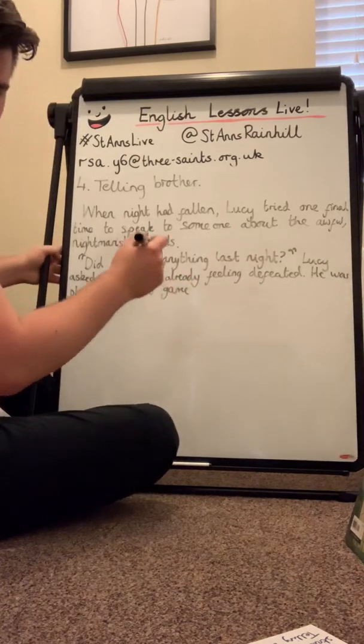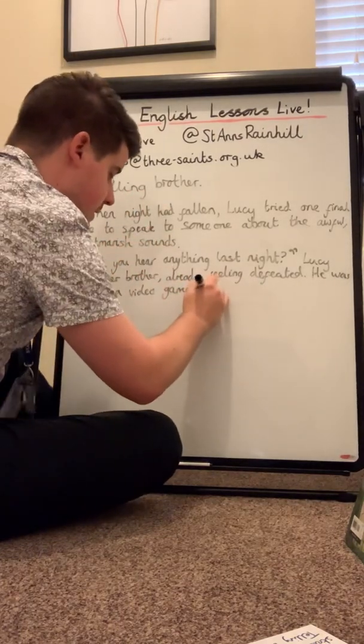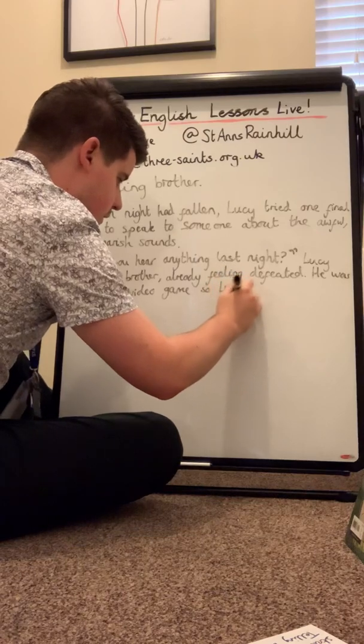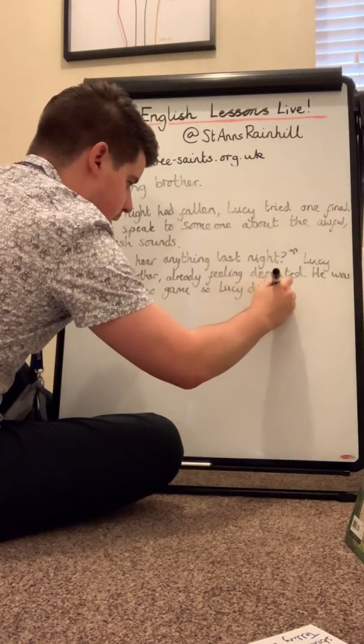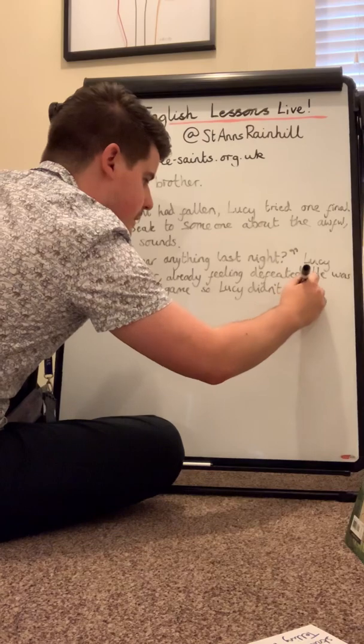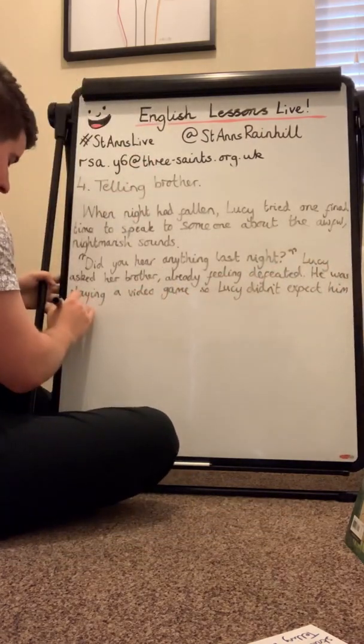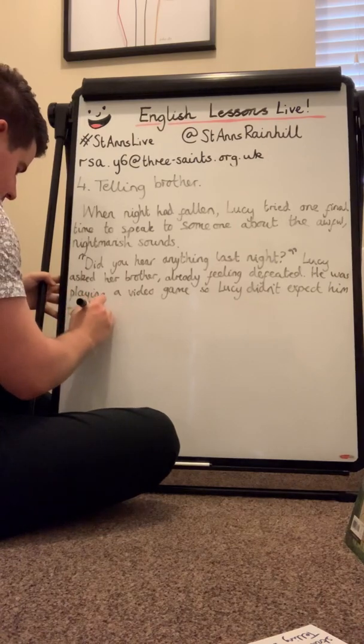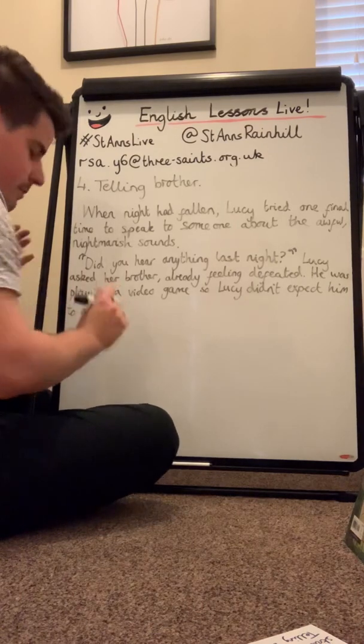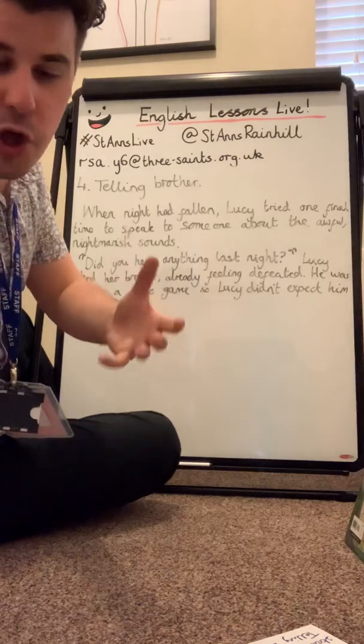So we could say, he was playing a video game, so Lucy didn't expect him to answer, because that's already happened so much to her. She keeps getting ignored. So maybe she began to turn away.